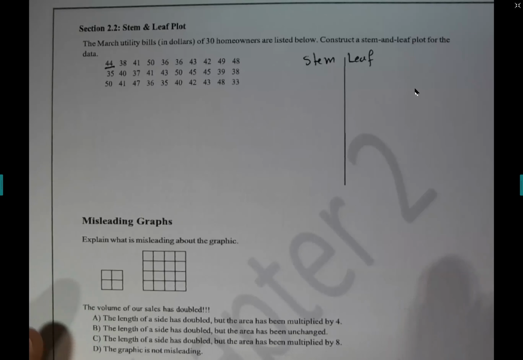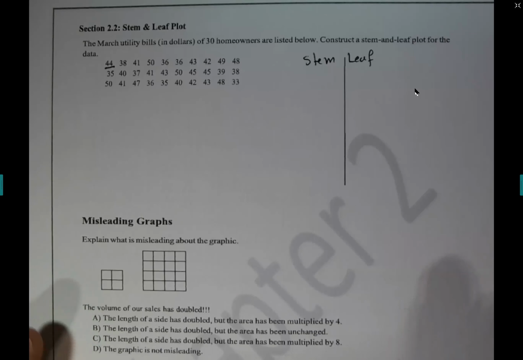I have a 9 and an 8. We're not done yet. I have a 6. I have a 5. And I have a 3. 4.